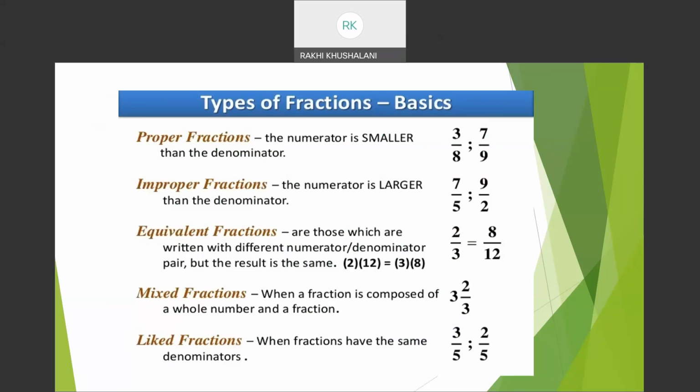Basically, I'm talking about the same whole, where the number of parts is 5, and from that same whole I'm picking up different numbers of pieces, 3/5 piece, 2/5 piece. So that becomes the like fractions.